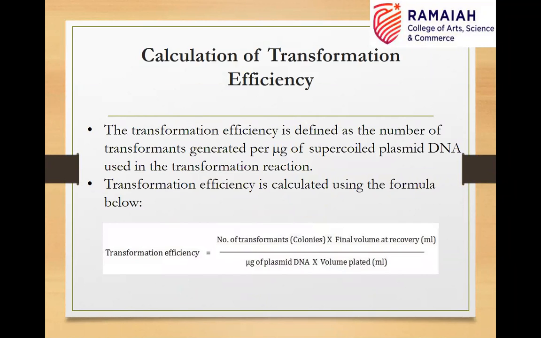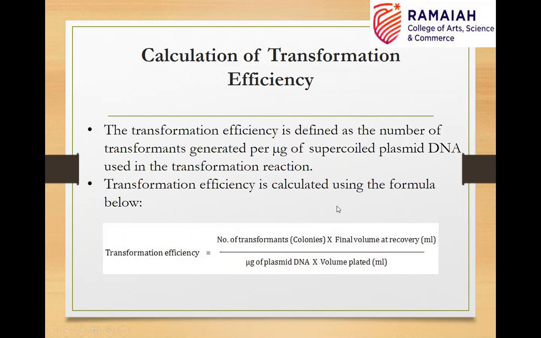So I was mentioning that transformation is a very, very inefficient process. How can this transformation efficiency be defined? It can be defined as the number of transformants generated per microgram of supercoiled plasmid DNA used in the transformation reaction.